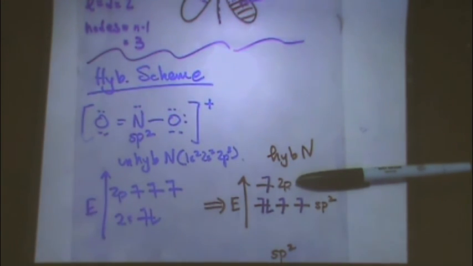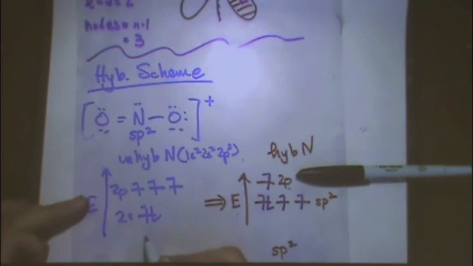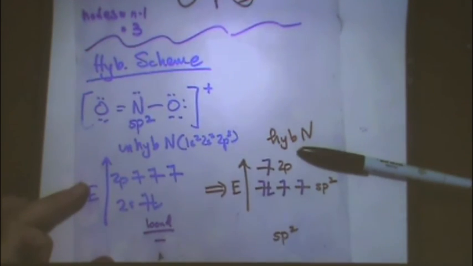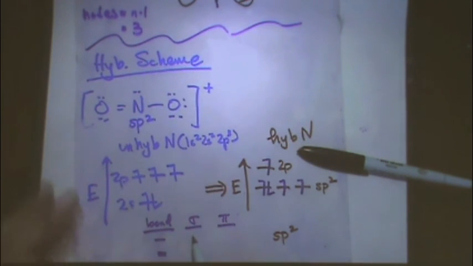So if you don't know the little summary, it goes like this. This is scratch, kind of, right here. This is not part of the picture, okay? Single, double, triple. Sigma, pi. Single has how many sigmas? Pi's?